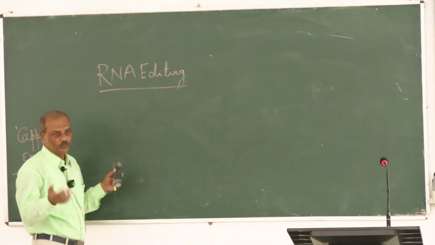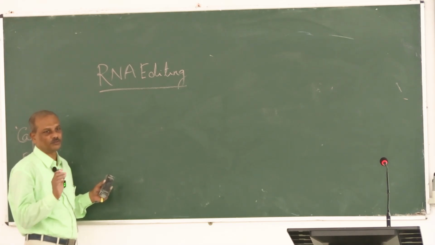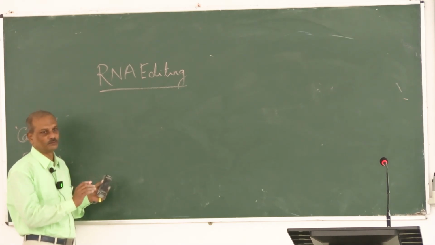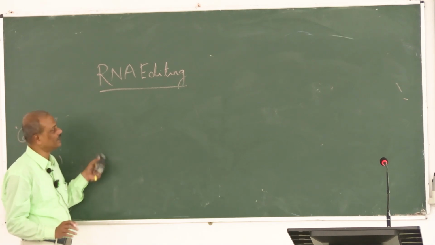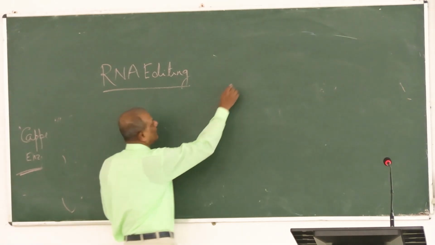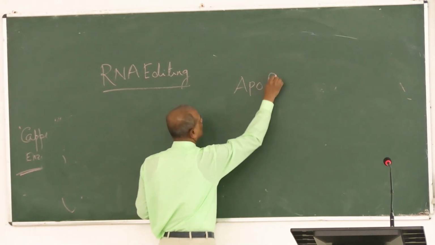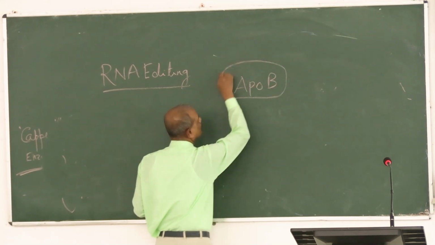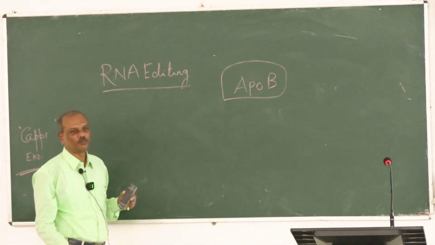As I told you in the beginning, normally the information which is transmitted from the codon onto the mRNA is not changed. But here it is changed. Why? One good example is the ApoB gene.